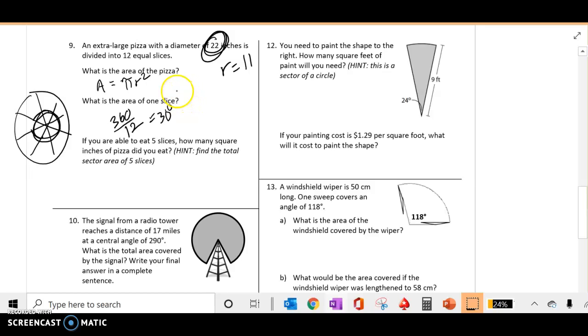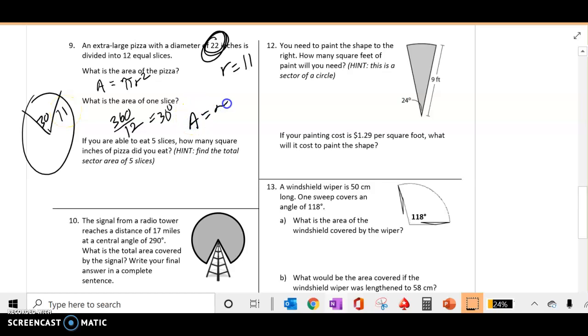So if I'm going to find the area of just one of those slices, let me erase this here. So if I find the area of just one slice, that's 30 degrees. It has a radius of 11. So I'm going to do pi r squared times theta over 360.